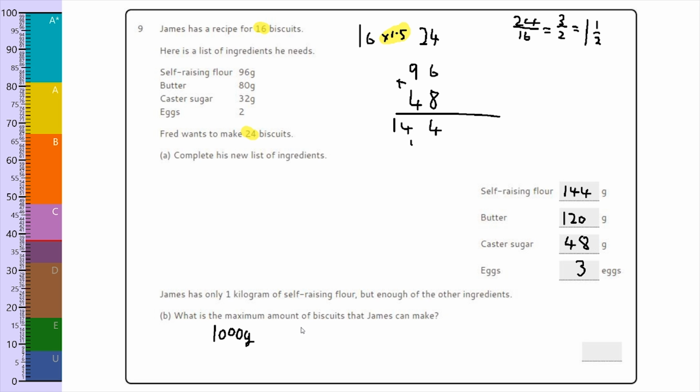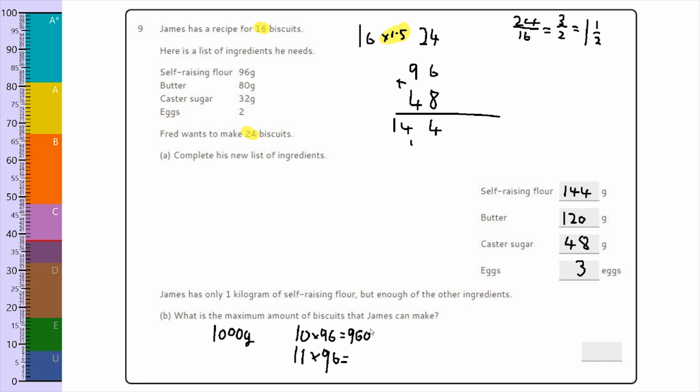Well, I can jump a little bit because I know that 10 times 96 is 960, and I know that 960 plus 96 is going to be more than that. In fact, I might just show the examiner that I know that. 10 times 96, so let's have a think.